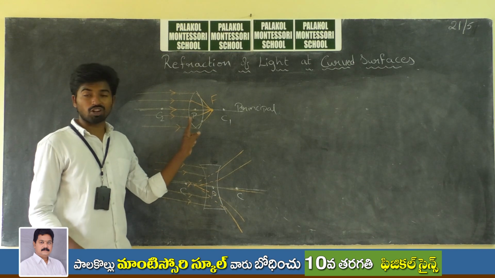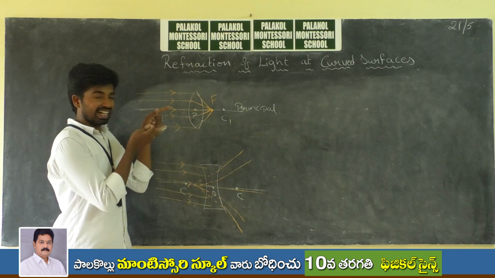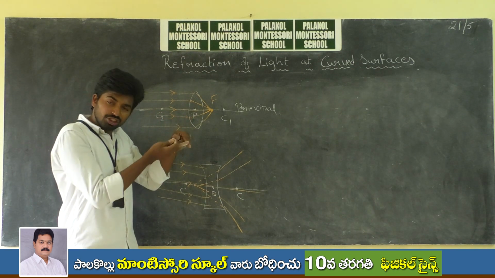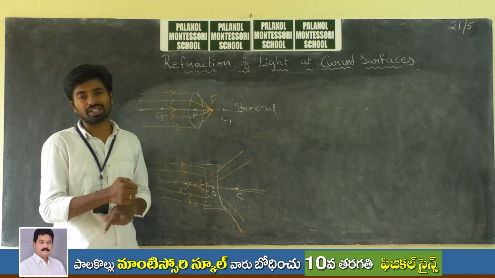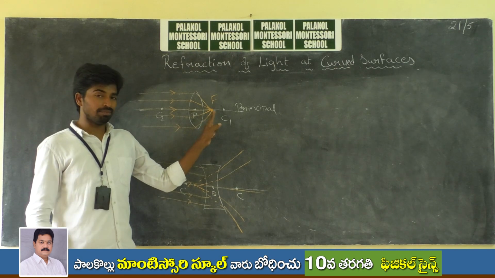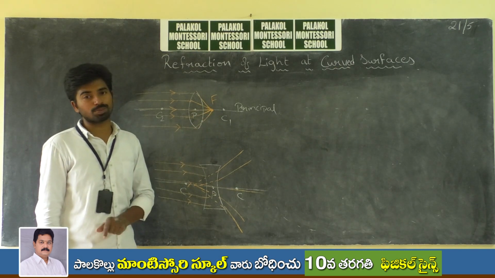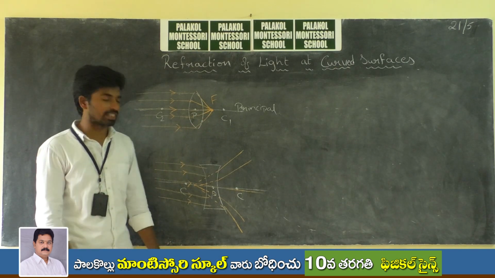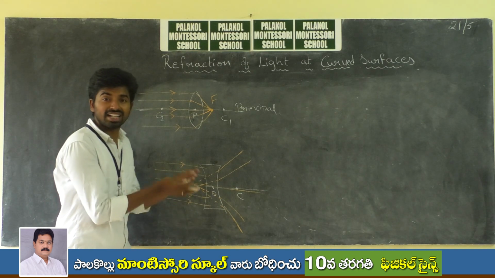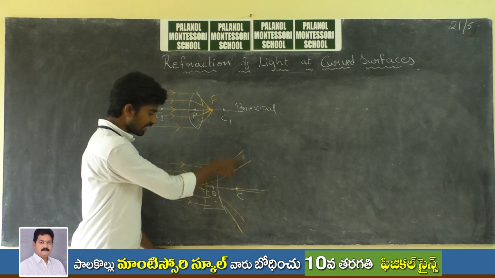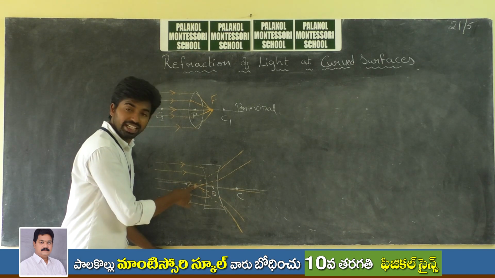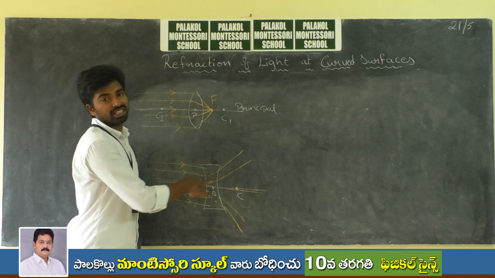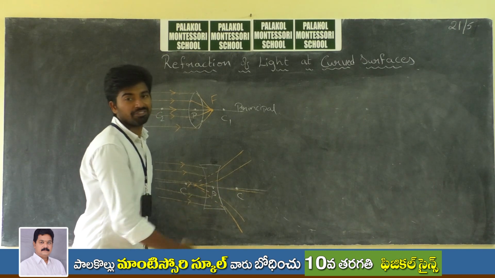Here, in the case of a convex lens, the parallel light rays will be converged to a point. Converged means they are directed towards a particular point, and that point is called the focus point for the convex lens. But here, the light rays are diverged, and diverged light rays seem to be coming from a point, seem to be emanating from the point.